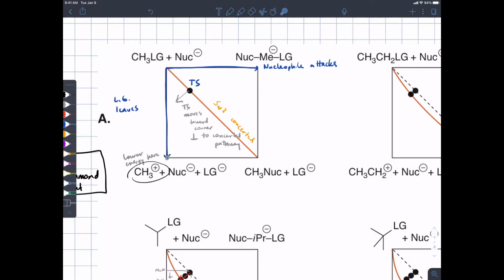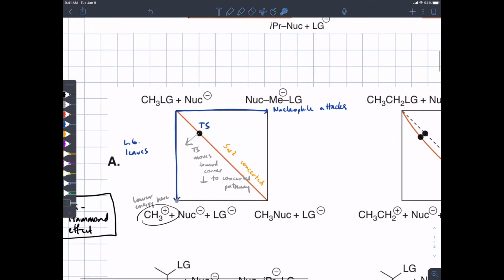If I, say, use a weak nucleophile like methanol versus a strong nucleophile like methoxide, the strong nucleophile will react faster or slower? Faster in the SN2 reaction, right?